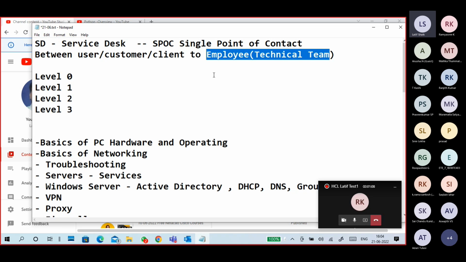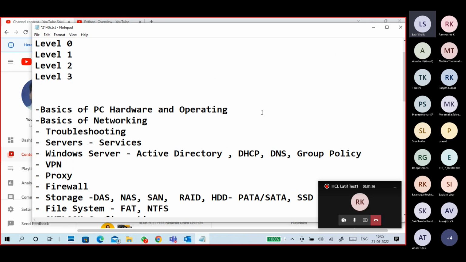For example, I know very well about networking, routers, switches, IP addresses, network services like DHCP, DNS related things, email related things. So I'm a network engineer, so I belong to the IT supporting team, the networking related team. Or I'm a server person, a Microsoft server.